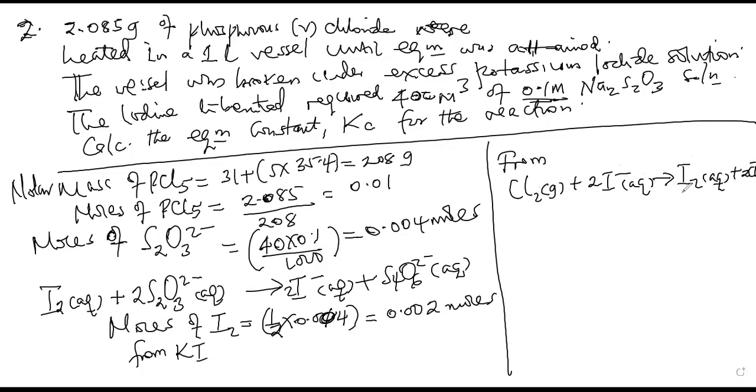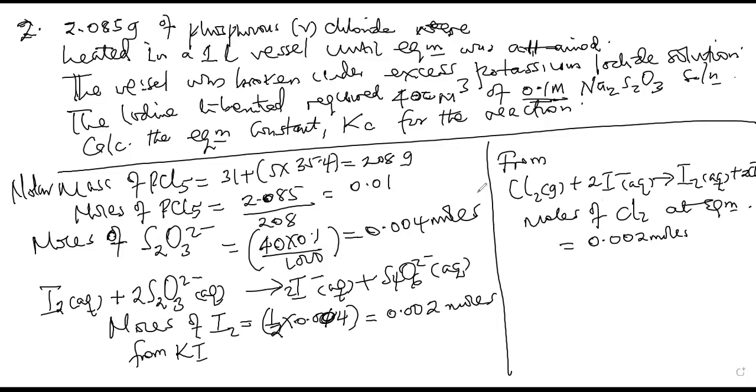You can see that 1 mole of iodine is formed from 1 mole of chlorine. So you can get moles of chlorine, okay? It means that also moles of chlorine are going to be equal to 0.002 moles.